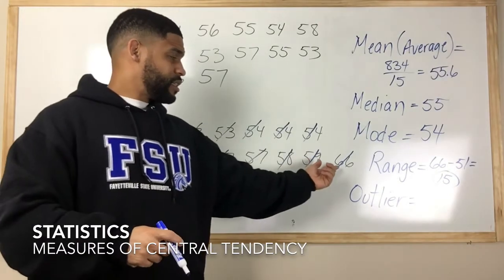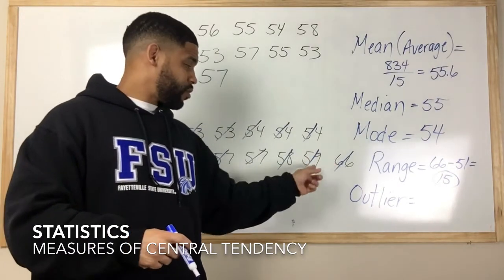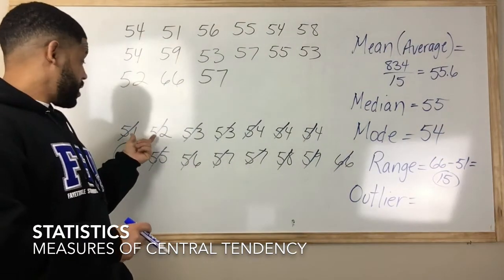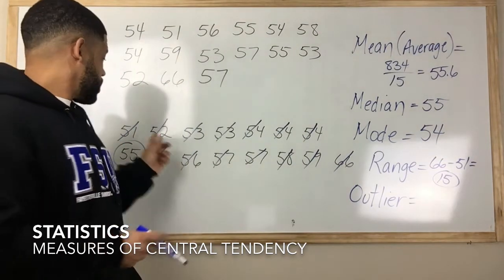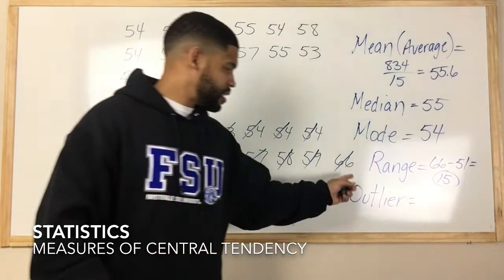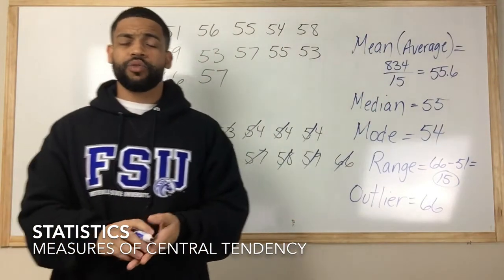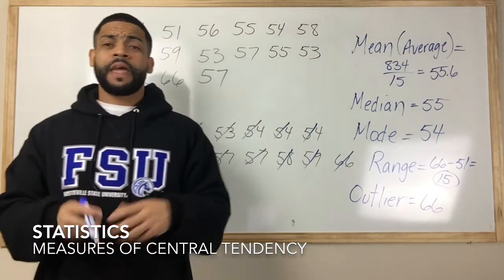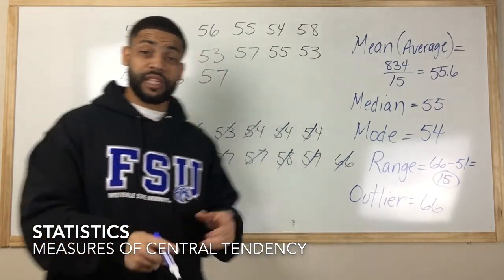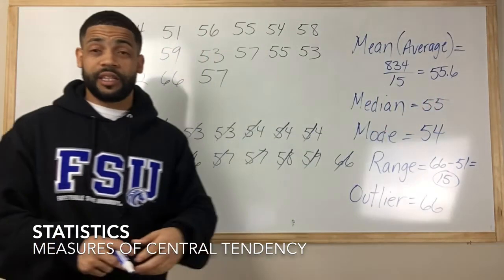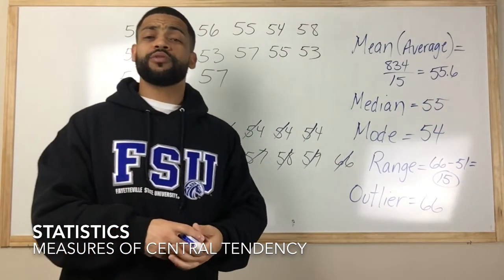Notice 66 is 7 units away from its closest number, whereas 51, the smallest number, is only 1 unit away from its next smallest number. So 66 is an outlier. Depending on the scenario, outliers come in different forms. They can be on the low end of the data set or on the high end. So those are your measures of central tendency.